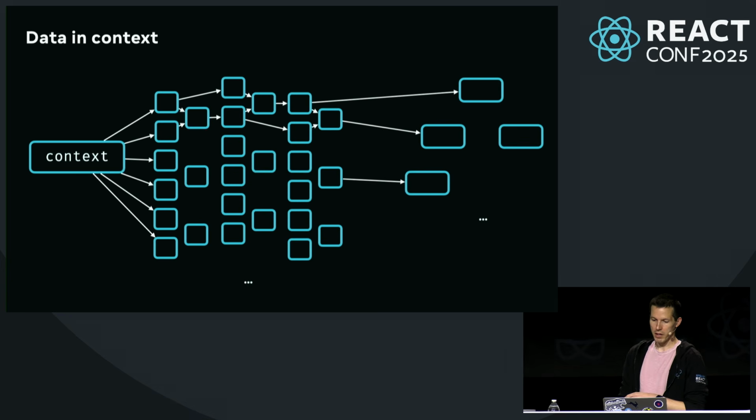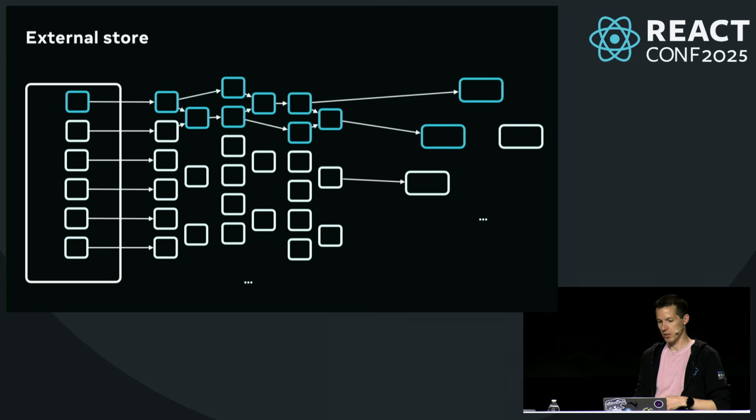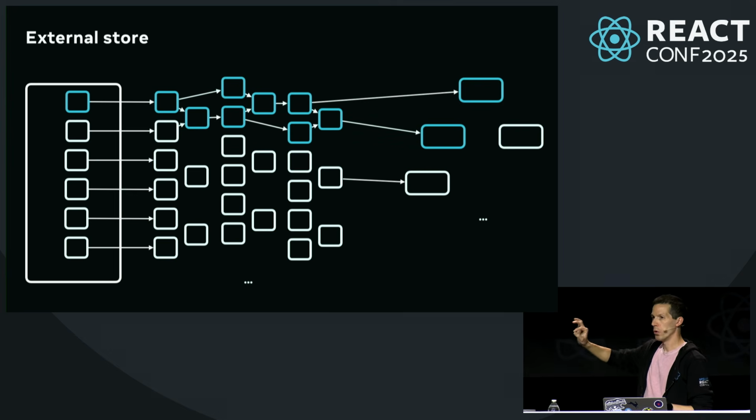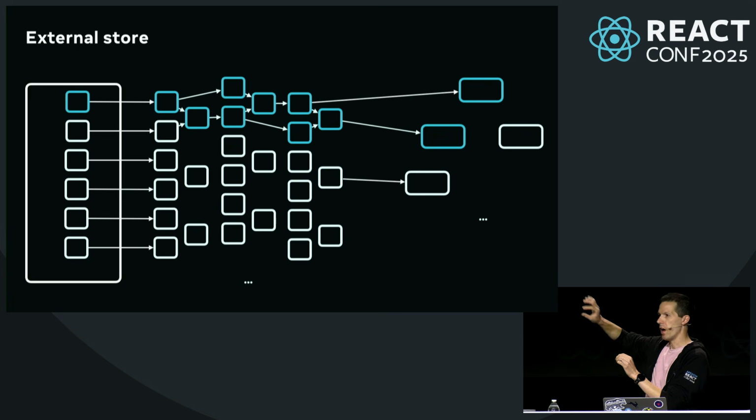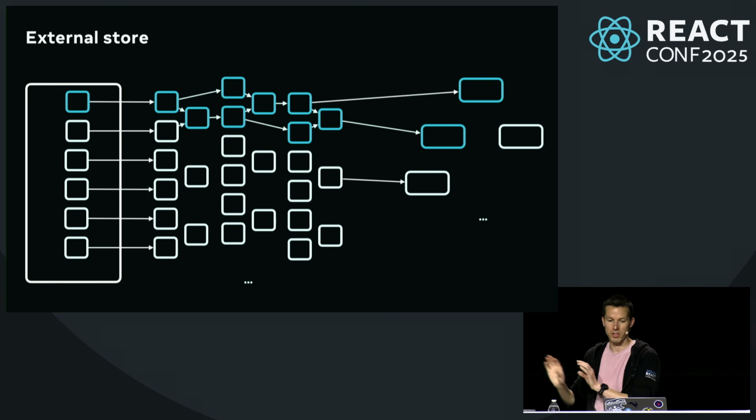Well, if we go back to the incremental computation graph that we looked at for the signal style graph, the issue was that the context was upstream of everything. And so when that changed, too much work downstream got invalidated. When we shift to a store, it's like we can see inside that context. And so now when one entity changes, we're just invalidating way less work and doing a lot less downstream.